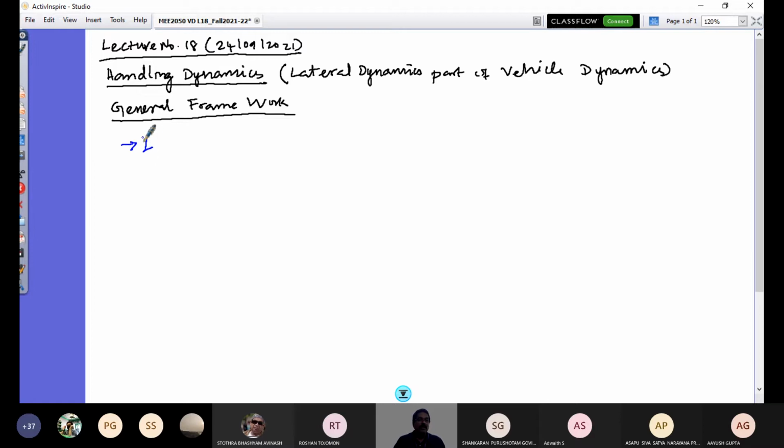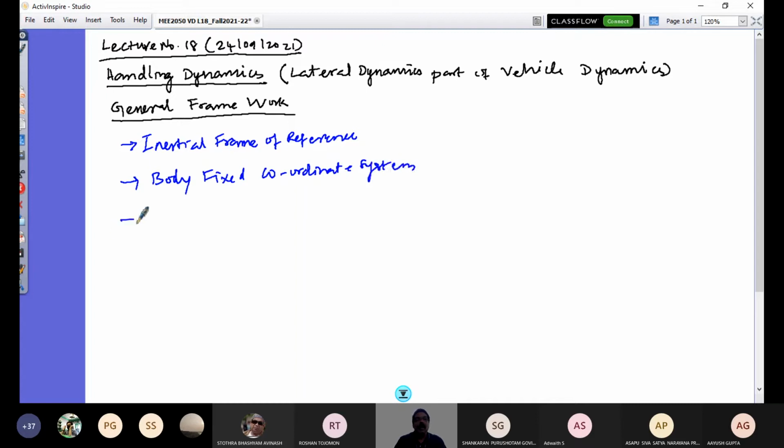One, you will know clearly what an inertial frame of reference is. Two, you will know clearly what a body fixed coordinate system is. And three, you would be able to derive an important equation for motion of a rigid body in space, that's called the Newton-Euler equation.